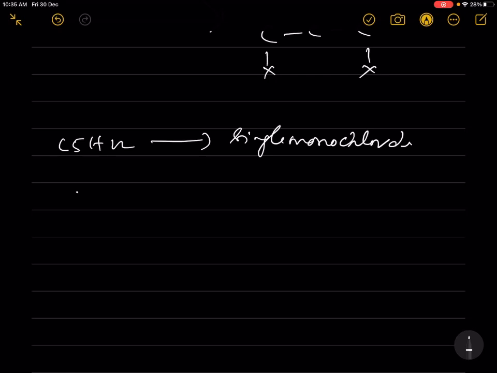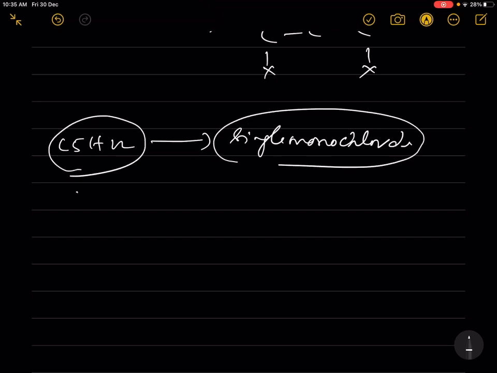Among the isomeric alkanes of molecular formula C5H12, identify the one that on photochemical chlorination yields a single monochloride. Single monochloride means you see there are 3 types of isomers of C5H12.